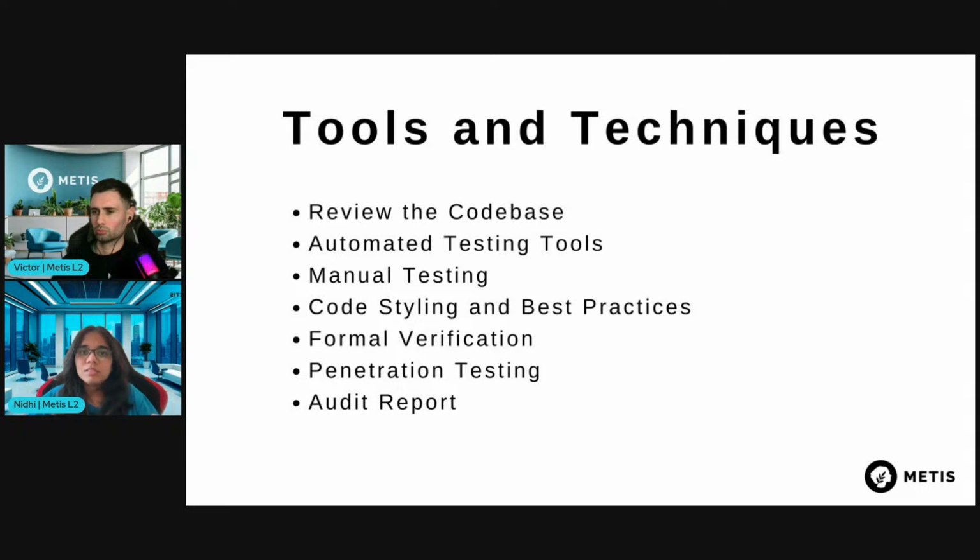Because there is a high possibility that if we write code, another developer or any other smart contract auditor might be looking at it. So it is very important that we have the code styling and the best practices.